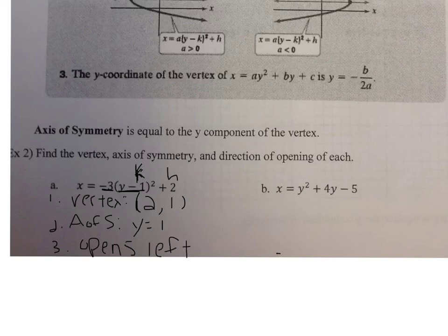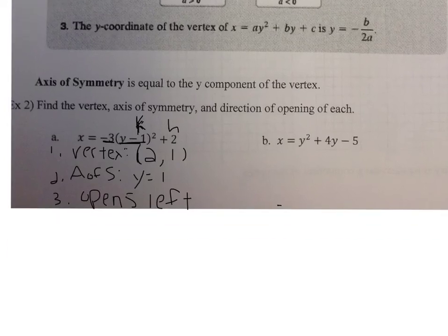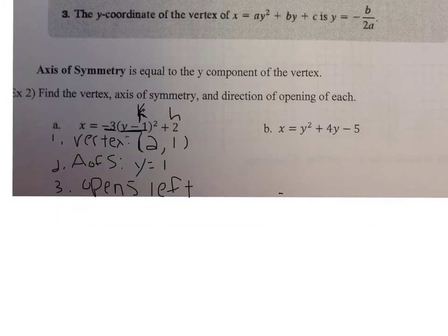Okay, B. We're in the other form. The vertex, again, is not the easiest thing to find when it's in this form. We see up here it says Y for our vertex is negative B over 2A. So our vertex, we don't know the first part, but we know this is going to be negative B over 2A.